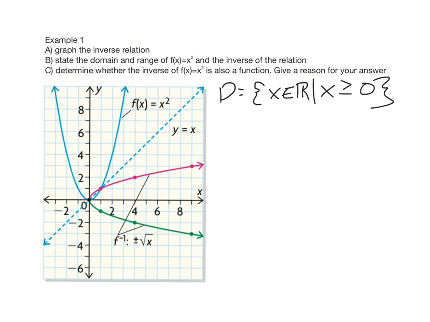Similarly, for our range, we look at the domain of the original, so our range will be that y can be any real number. And we can see that in our graph, okay?